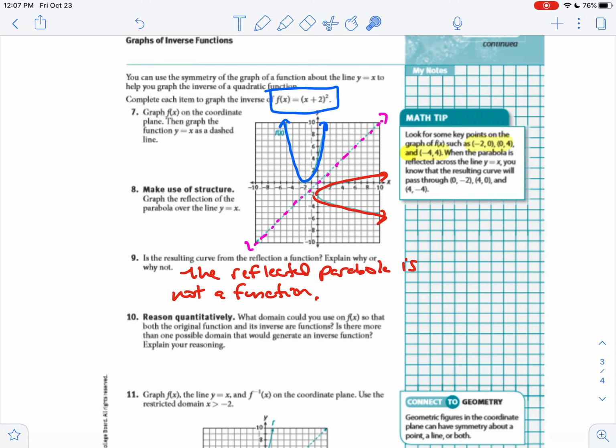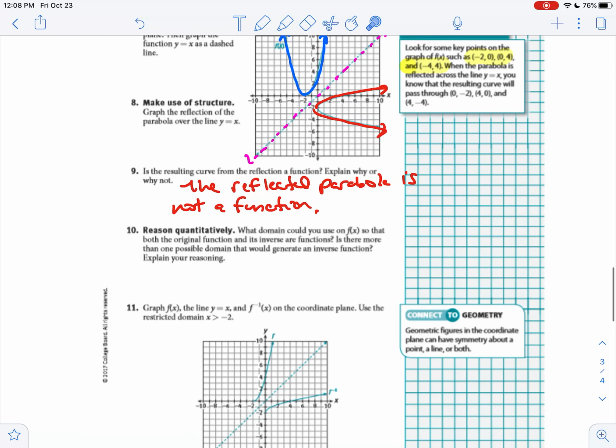If you can see, there's a couple of places where you can see that an input would have more than one output, and that's how you know. So if you were to pick any x value like 4 or 6 or 8 or 10, you can see that there's more than one output. There's an output on both sides. And so we do not have a function. And so that's a problem.